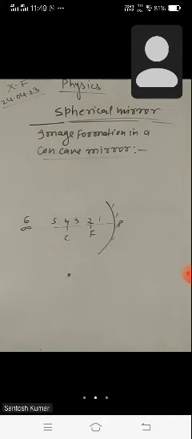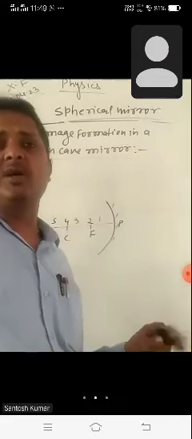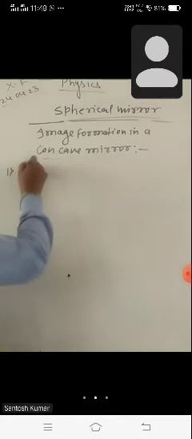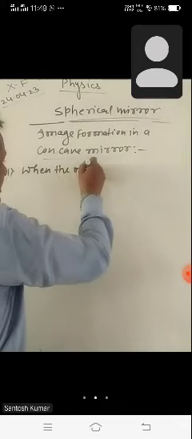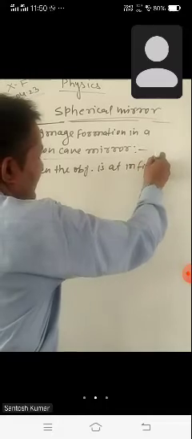So in all these cases, we have to see how the image can be obtained, how the position of the image can be obtained, and what will be the nature of the image. One by one we will see. First case, when the object is at infinity.